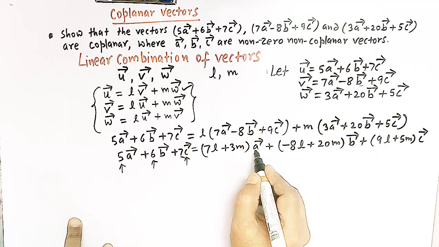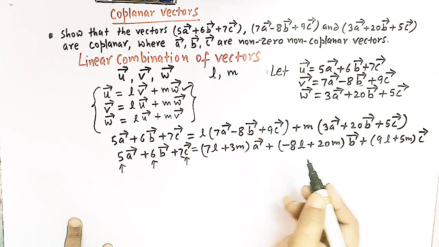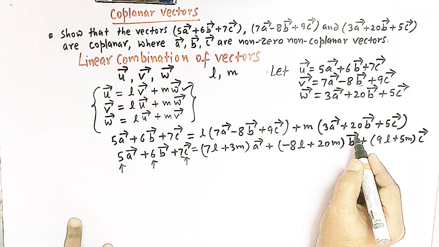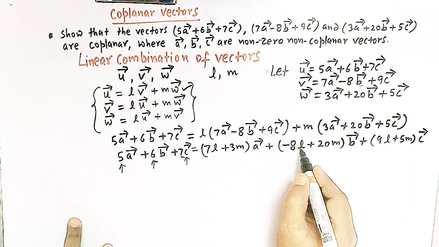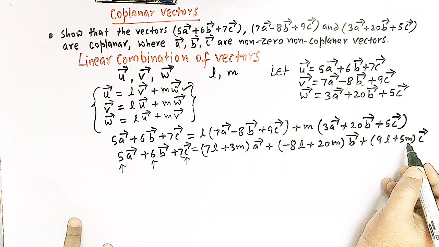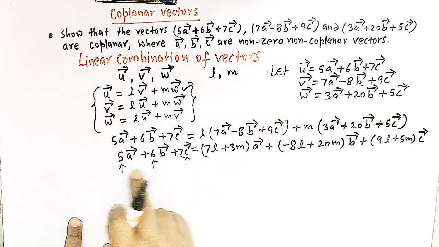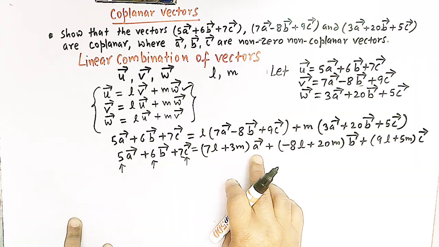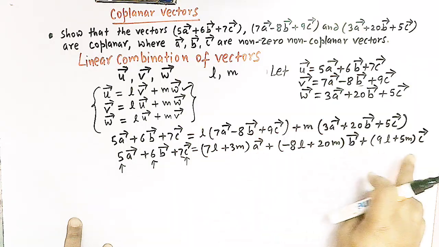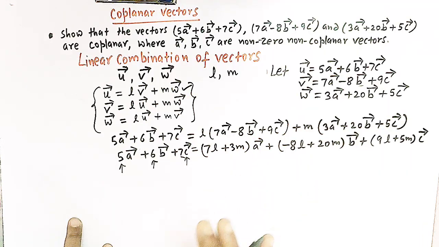And here the coefficient of vector a is 7L plus 3M. Here the coefficient of vector b is minus 8L plus 20M, and here the coefficient of vector c is 9L plus 5M. So our next aim is to compare the coefficients of vector a, vector b, and vector c on both sides, and we will frame three linear equations, right?